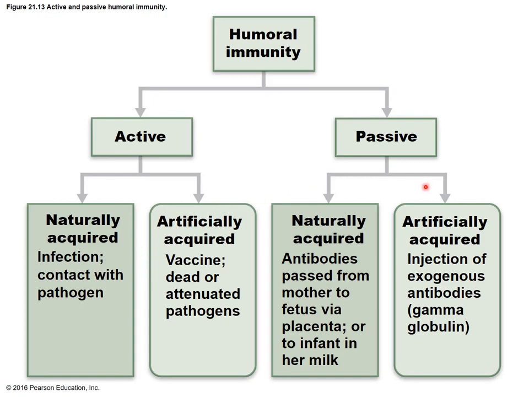With the passive, what's happening here, like I said, is you are not producing antibodies. You're not being exposed to the pathogen, so you never produce antibodies. And also, like I said earlier, you don't have that memory, so you don't have that long-term protection. Naturally acquired is when the antibodies are being produced by a mother, and if she is nursing an infant, the antibodies are being passed through her breast milk to that nursing infant.